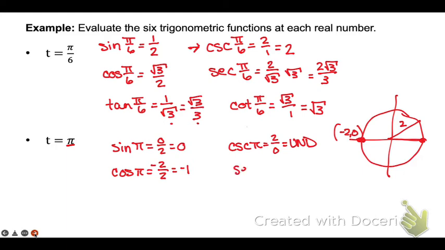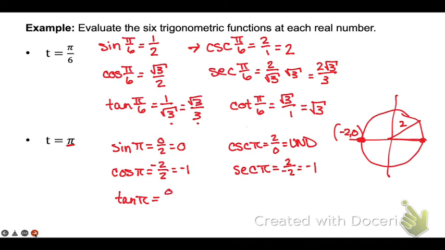The secant, am I going too fast? Of pi would be 2 over -2. Radius can never be negative, so that should be -2 over 2, which would be what? -1. And tangent would be what? y over x.